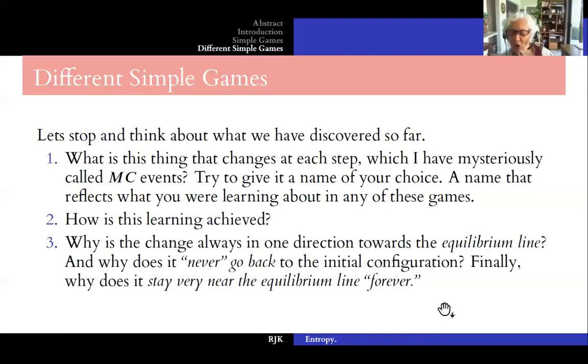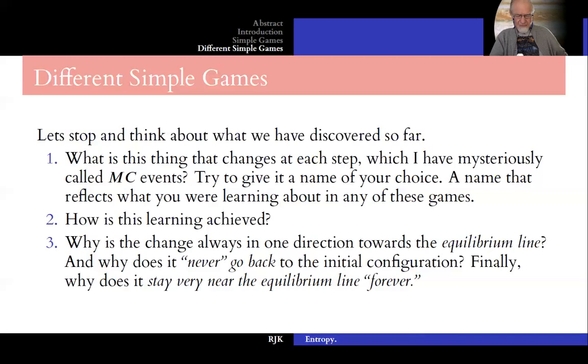First of all, somebody's talking in the background and they need to mute themselves. Anyhow, I agree with Steve. It's probability, and just as you showed in that table when I asked the last question, there are more chances toward the equilibrium line. However, where does it say why it never goes back to the initial configuration?